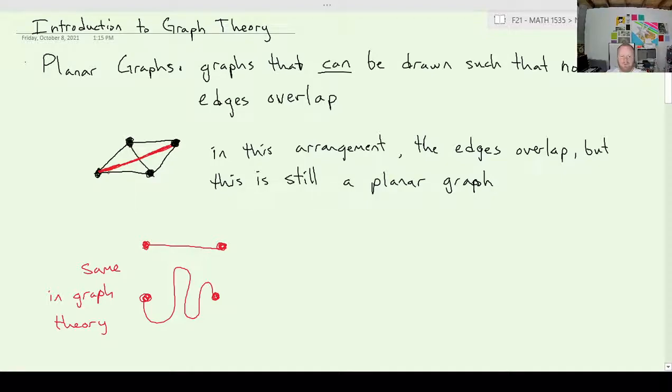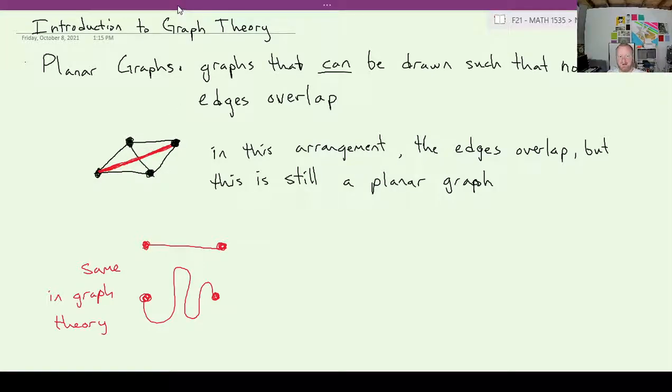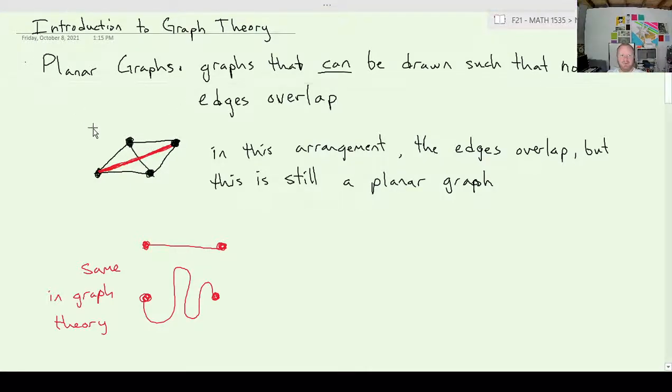So when we look at this graph here, hopefully let me copy this.